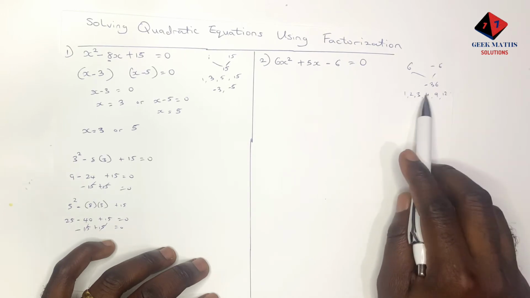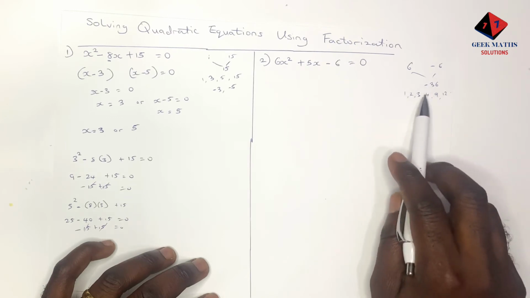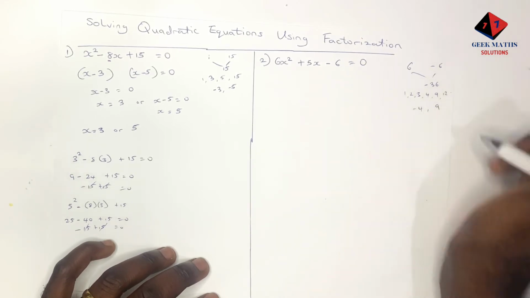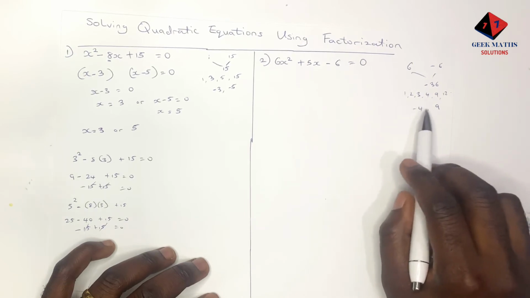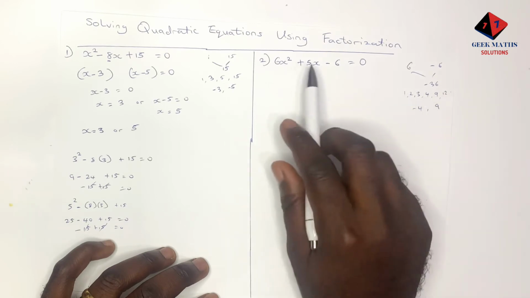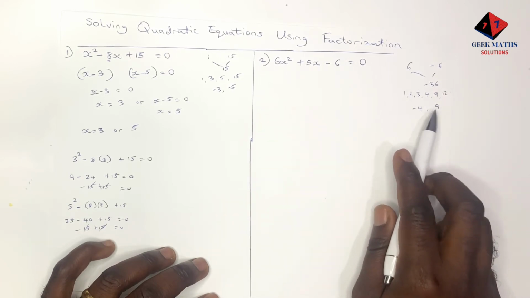In this case, this is negative 36, so for 4 times 9 to be negative 36, one of them has to be a negative number. Negative 4 and positive 9, when you multiply them together, give you negative 36, and when you add them together, give you a positive 5. So the two numbers we're looking for are 9 and minus 4.